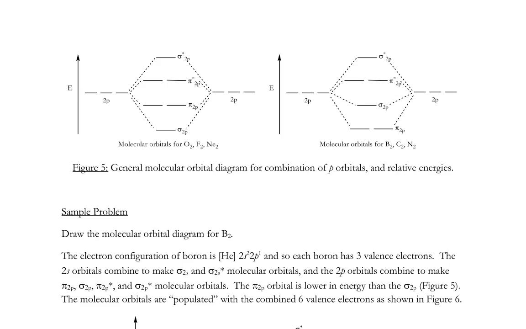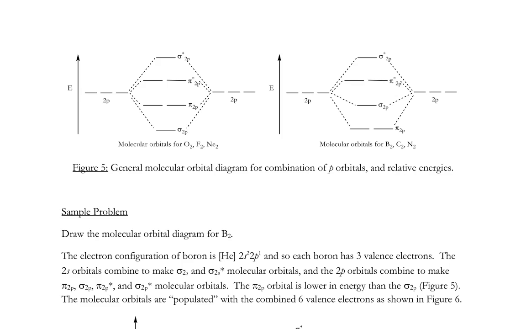Now for boron and for B2, C2, and N2, so they're a little bit to the left in row 2, it turns out that the sigma 2p and the pi 2p MOs flip-flop energy-wise.